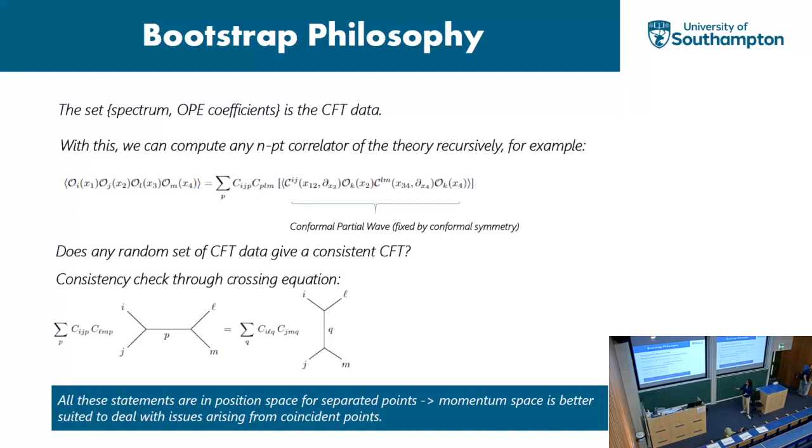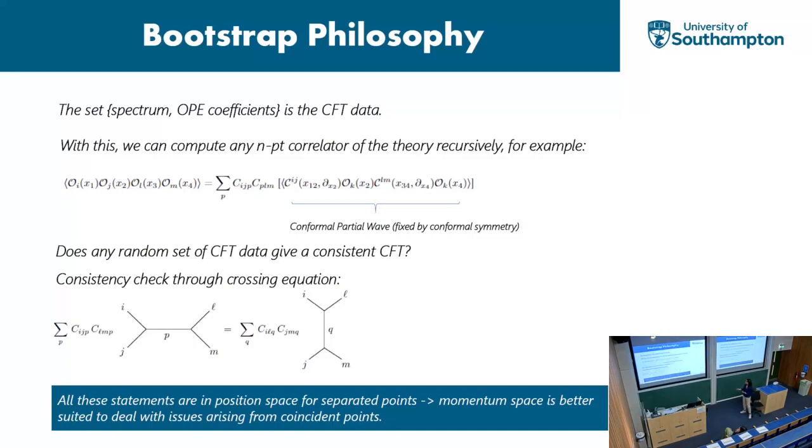We can do the same thing for the 3rd and the 4th operator, and we can obtain this expansion. Now, if the CFT data is known, that is, if we know the values of P over which we need to sum, and if we know these coupling constants or the OPE coefficients, we can exactly compute what this 4 point function is, because this expression here in the bracket is fixed by conformal symmetry.